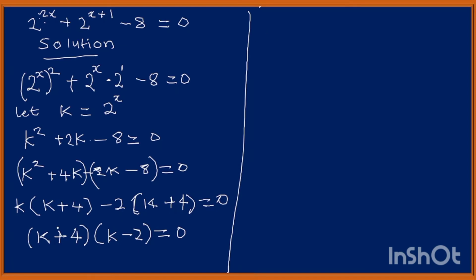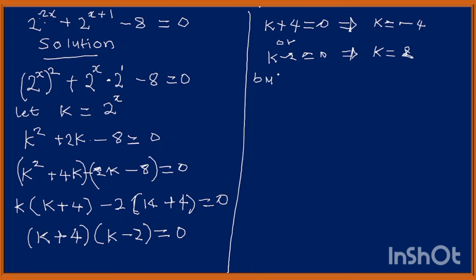So we equate each of it to 0. The first one is k + 4 = 0, which implies k = −4, or k − 2 = 0, which implies k = 2.